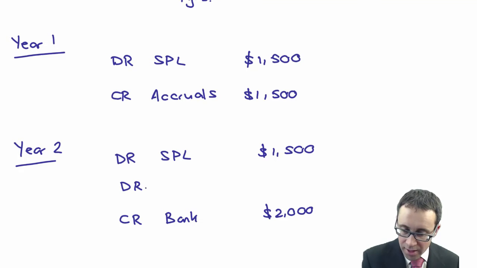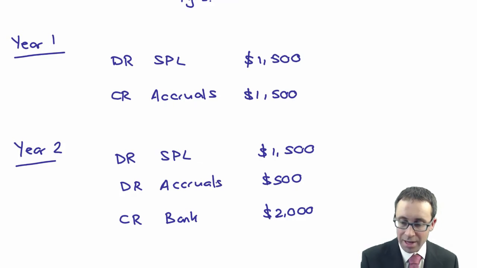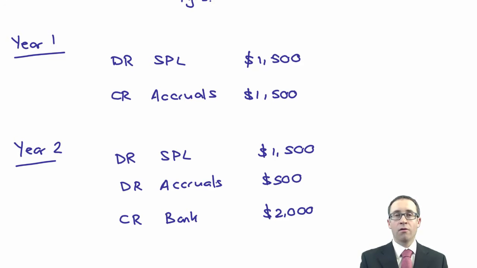What you've then got is a balancing figure of 500. You are releasing that accrual of 1,500 over the final 3 years of the lease. So you release 500 in year 2, 500 in year 3, and 500 in year 4. The journal entry for year 2 is repeated in year 3 and in year 4.